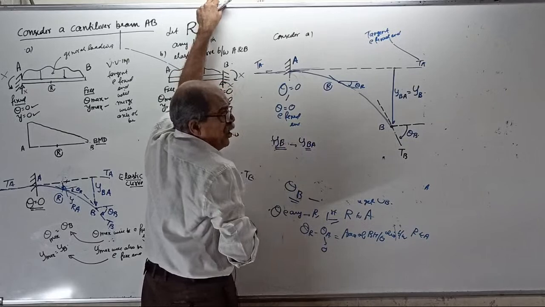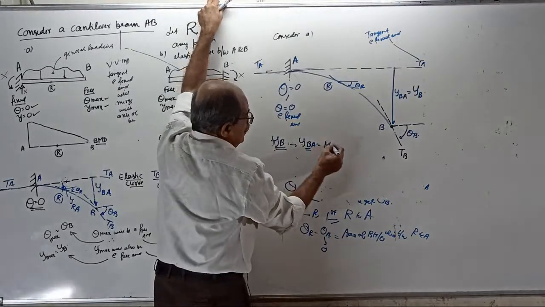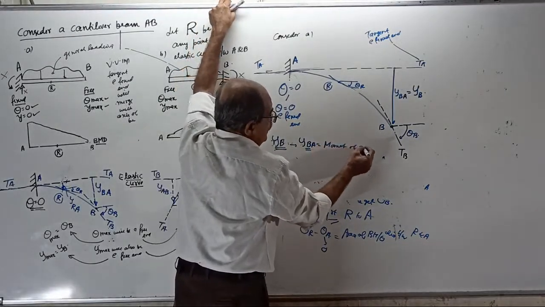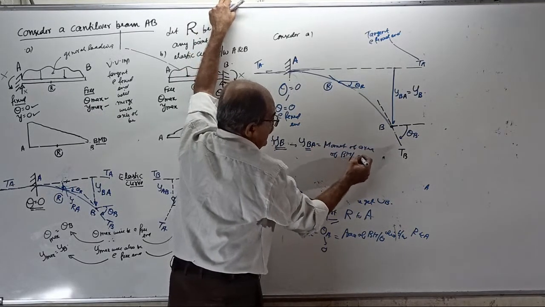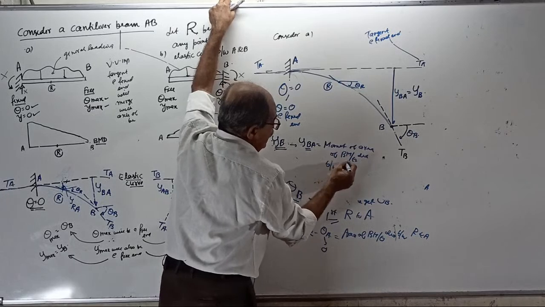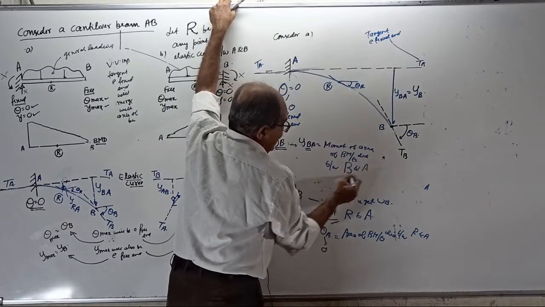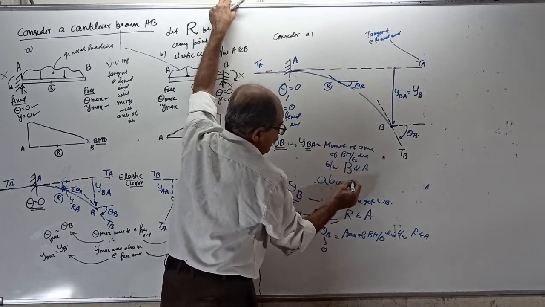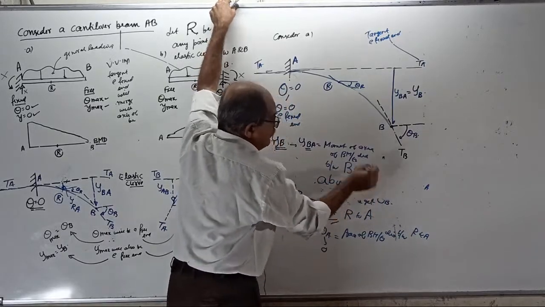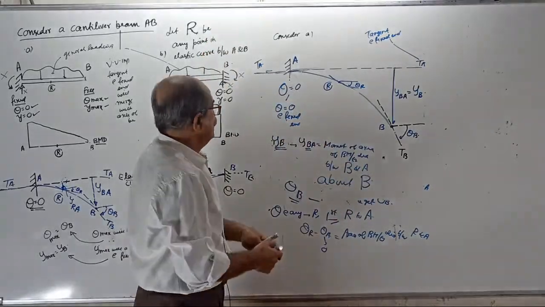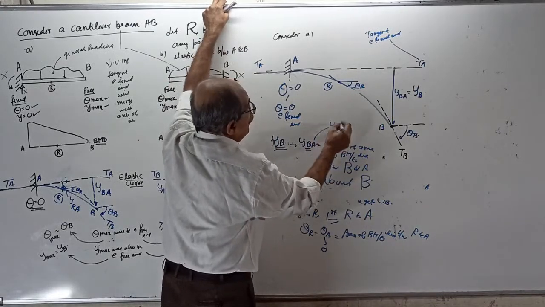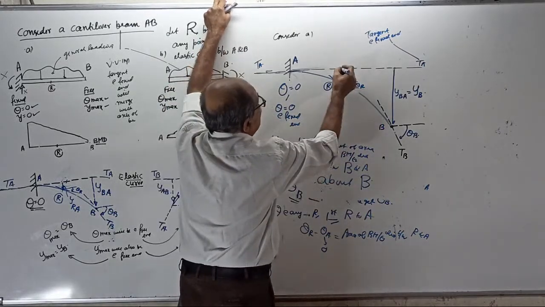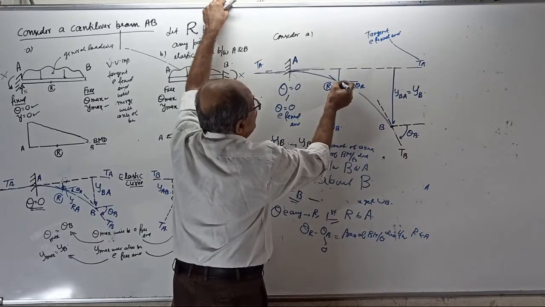B is the first point, equal to the moment of area of the BM by EI diagram between B and A, very important, about B. Now this YBA will be directly equal to YB. Now suppose I want, see, this one, what is this?